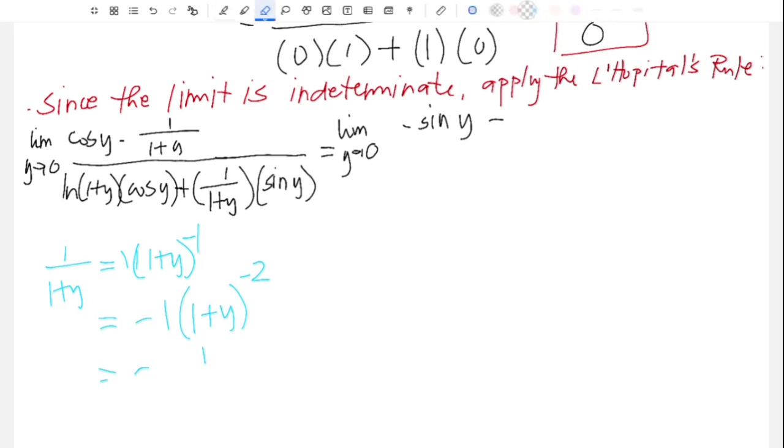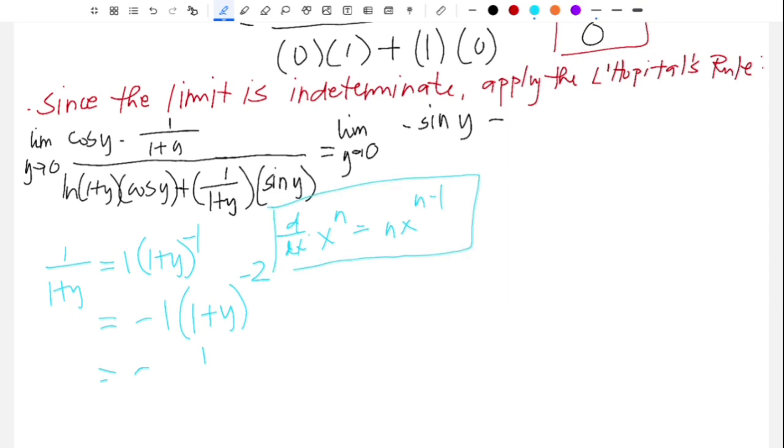Can you see it clearly? Sorry for the 1 there. Our power rule states that the derivative of x to the n is n times x to the n minus 1. Do not forget our rule. We write this as (1 plus y) squared.